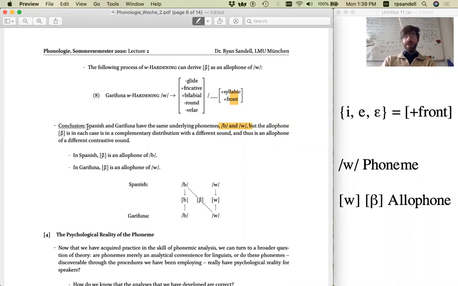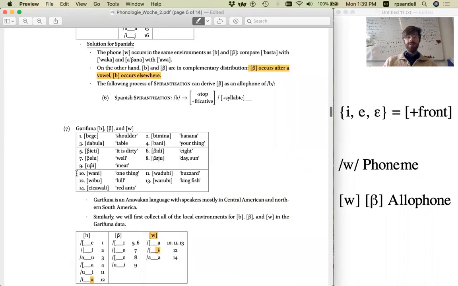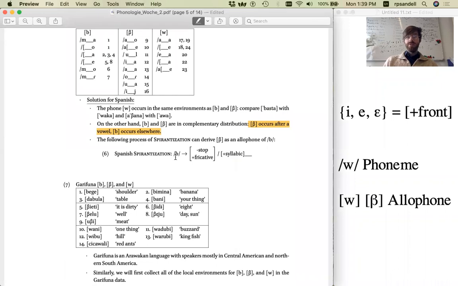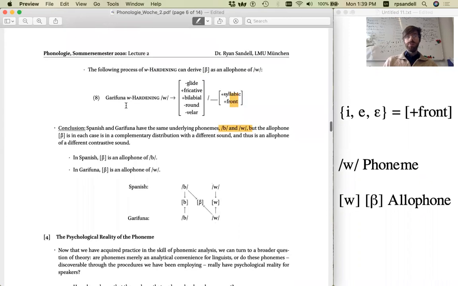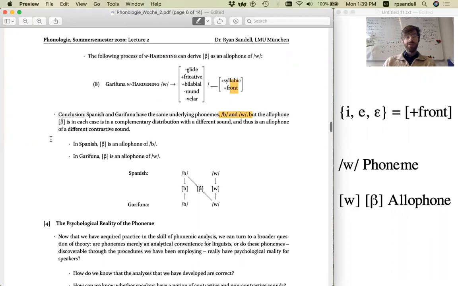Well, but the allophone of the bilabial fricative va belongs to a different phoneme in this case. It's a phoneme of a different contrastive sound in the respective languages. In Spanish, the process of spirantization transformed an underlying stop into that bilabial fricative, whereas in Garifuna, the hardening of the underlying glide transformed the underlying glide into a bilabial fricative before a front vowel.